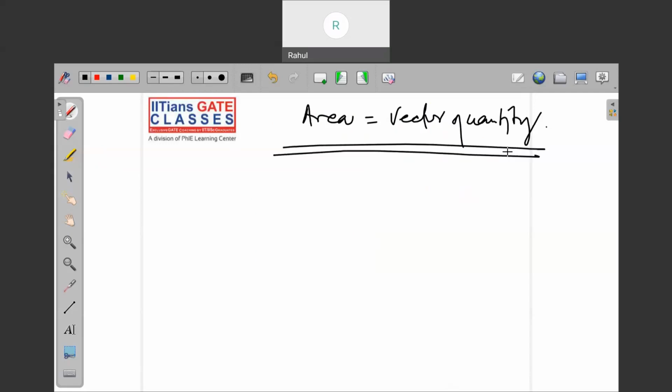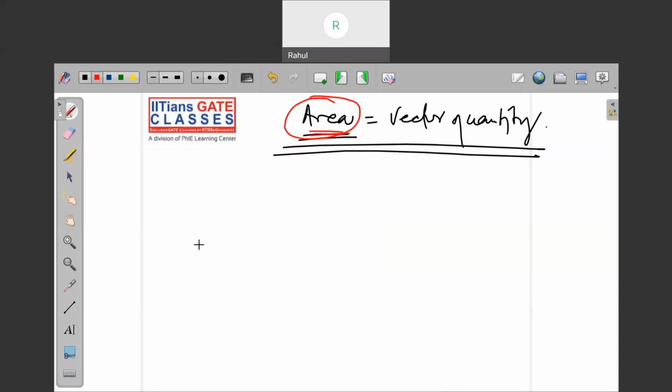Many people consider that area is not a vector quantity, but in practice it is, because in school days they always study that the area of a circle is pi r squared, with no direction. But that direction will be normal to the surface, so we always write the area with magnitude and direction. We will talk about differential area and all.